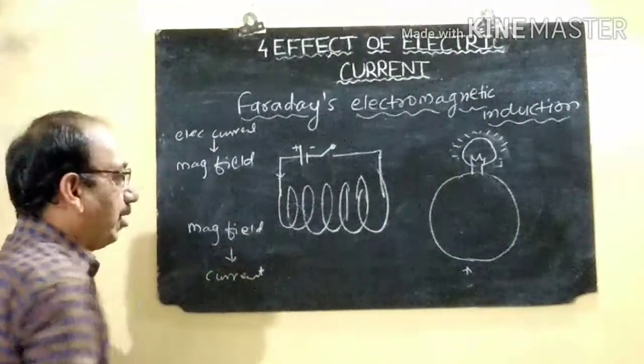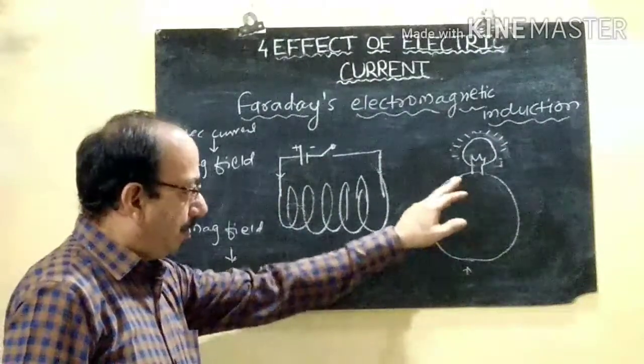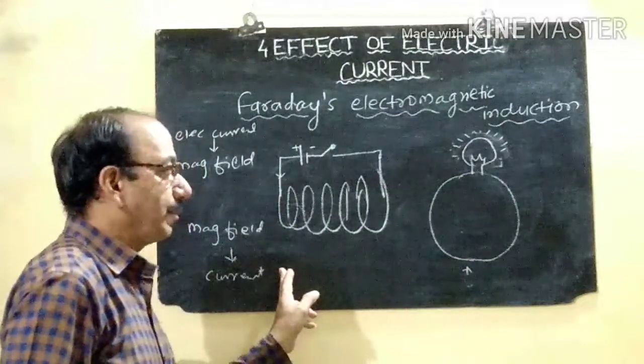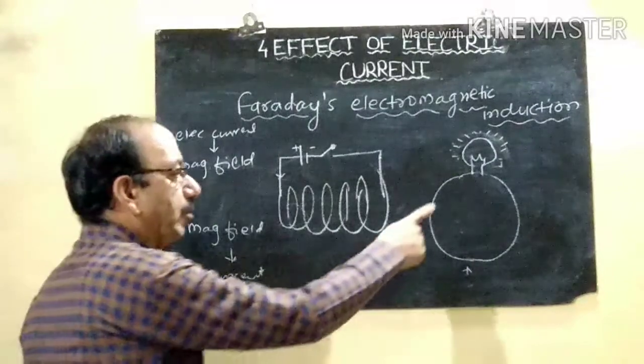When he performed a number of experiments, he got some electrical current produced due to the magnetic field, but it was very small. For a millisecond, current is produced in this coil.